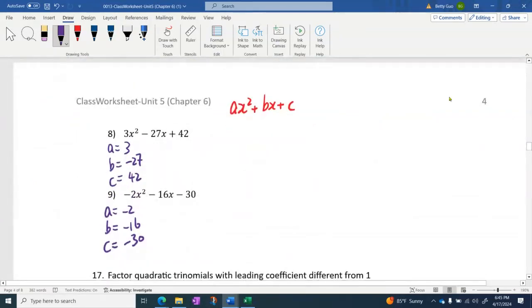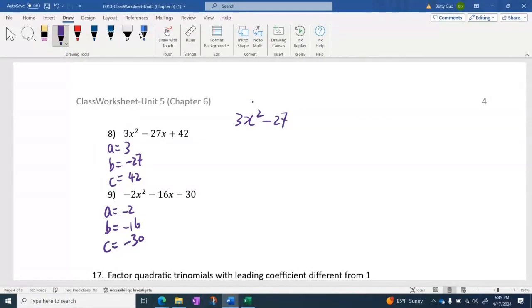There's a purpose for number 8 here, all right? Let's look at this polynomial: 3x squared minus 27x plus 42. The purpose of this question is to show you that if you see the leading coefficient of the quadratic trinomial is not 1, do not rush to apply another method.